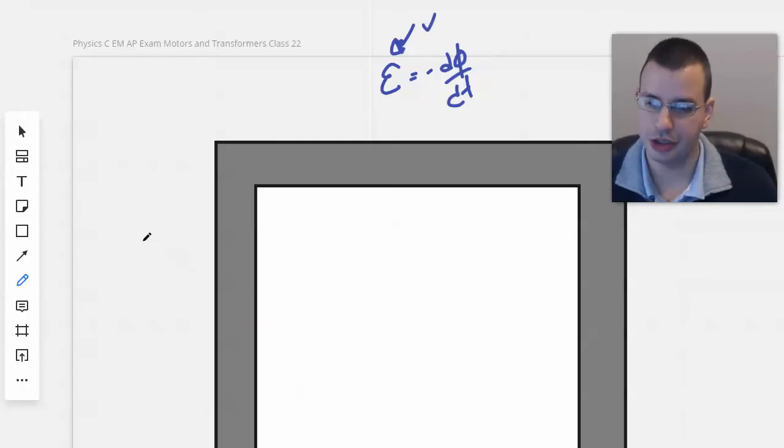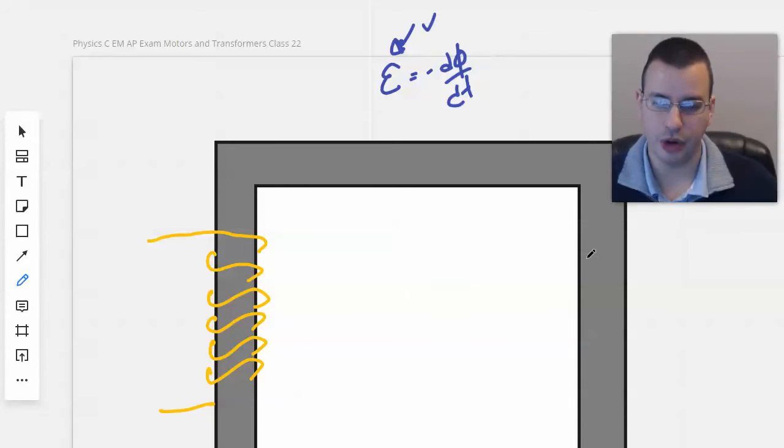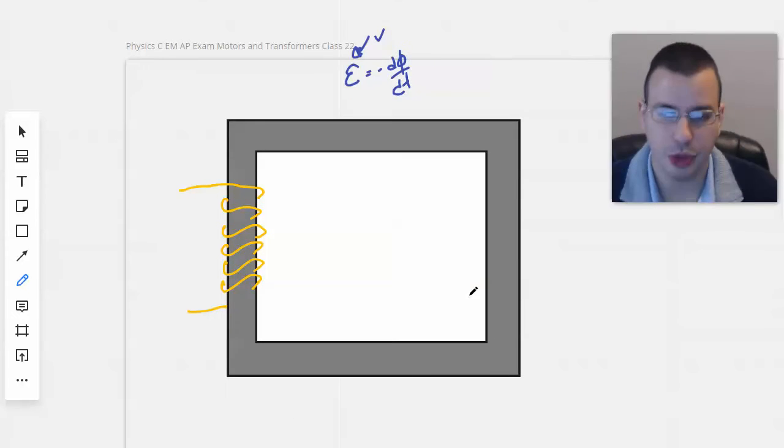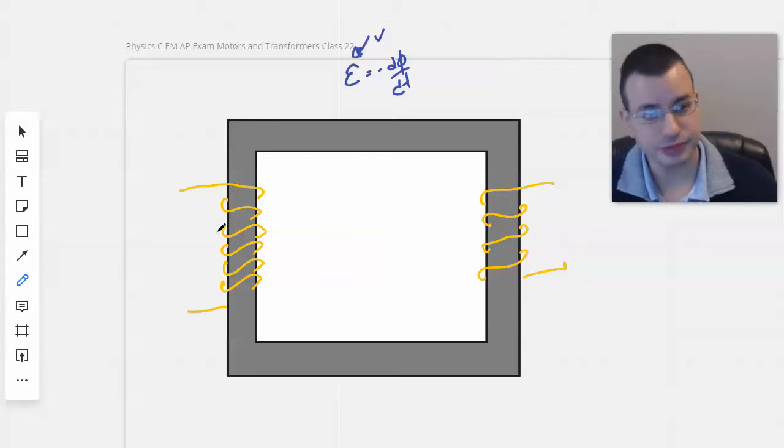So if we use this gold color for, let's say, copper, do some wire, we wrap this wire around one side, and then we wrap some wire around the other side. I'll do slightly less just to show a difference.